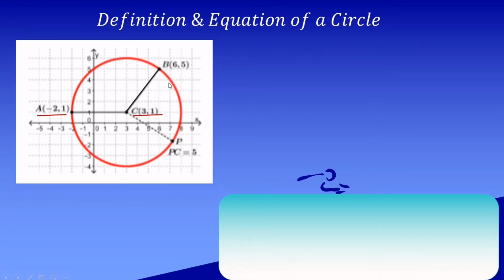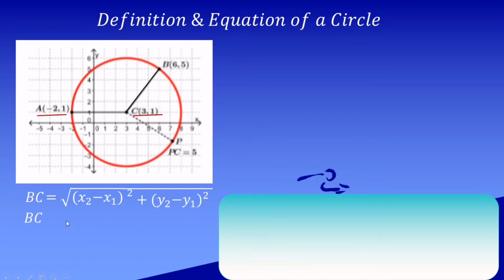So meron tayong another point here, B. The distance of B from C, since this is diagonal, pahalang ang ating line here, so maaari nating gamitin yung distance formula. Okay, yan ang ating distance formula.